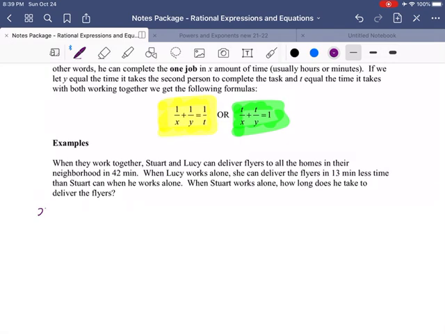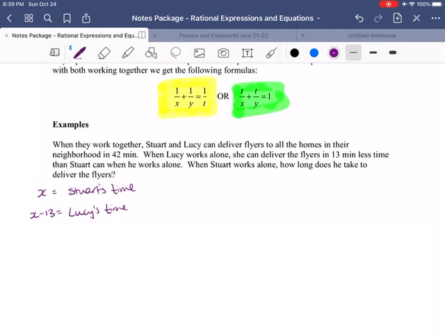So let's set up some variables. x is going to equal Stuart's time, and x minus 13 is going to be Lucy's time. When they work together, they take 42 minutes. We're going to be using the formula on the right.